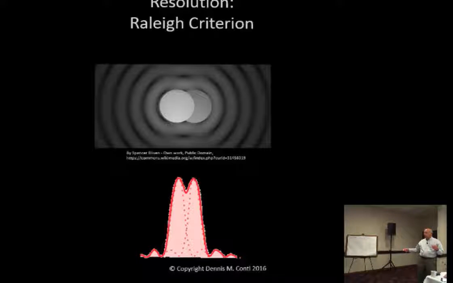The accepted criterion for defining that separation is that the minimum of this curve is at the maximum of this curve, which suggests the ability to separate those 2 stars. If they get closer, then they're unresolvable.